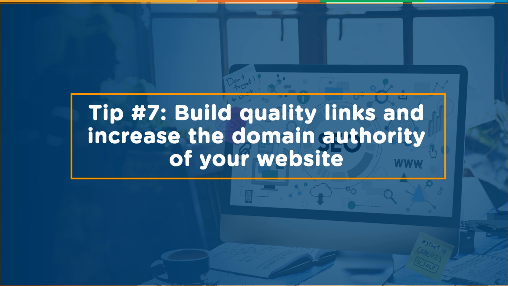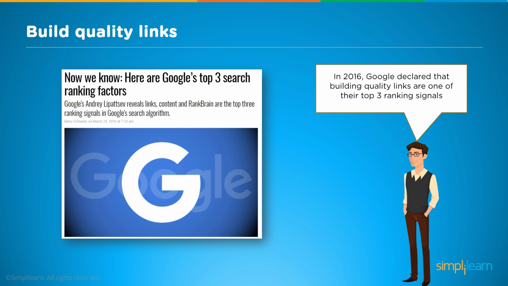Tip number 7, build quality links and increase the domain authority of your website. Google's top 3 search ranking factors include link building. So you need to have quality links from quality sites pointing to your site, and that's a factor in terms of ranking.